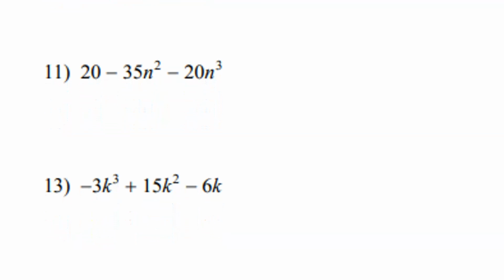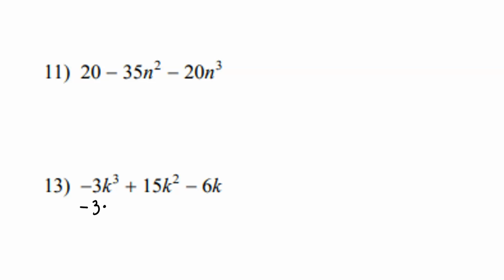Number 13, we're looking for what's the largest thing that goes into -3, 15, and -6. This time I'm going to pull out a negative term just so our leading term is positive. So our leading term is the same as -3, and that'll go into each of 15 and -6.